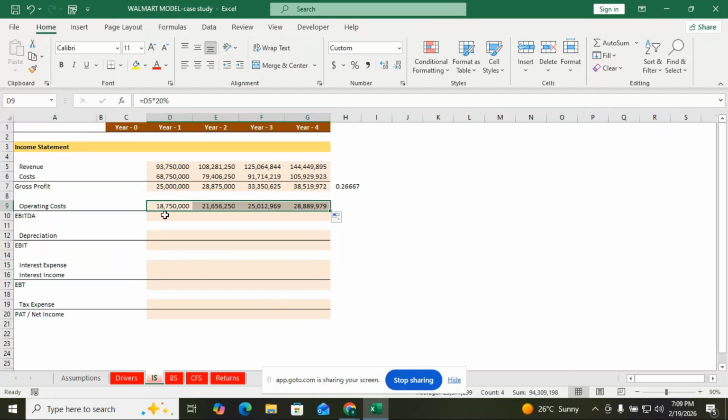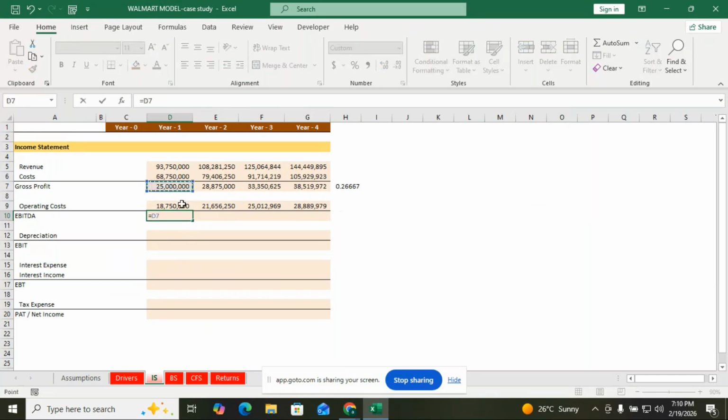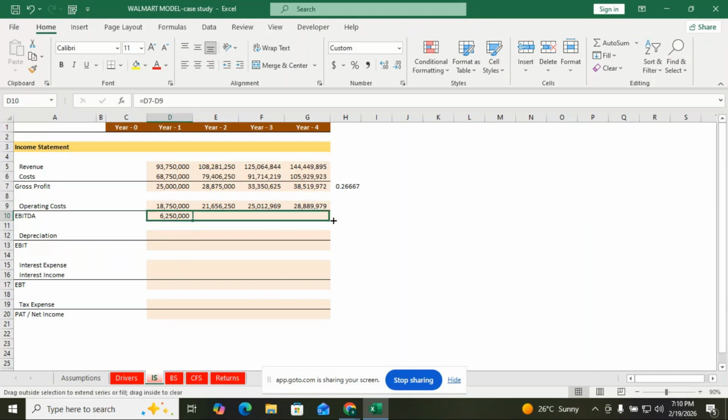Once you compute the operating cost, calculate your earnings before interest, tax and depreciation. What is that? EBITDA equals to gross profit minus your operating cost. You should be able to get this around 62,50,000 as your EBITDA.